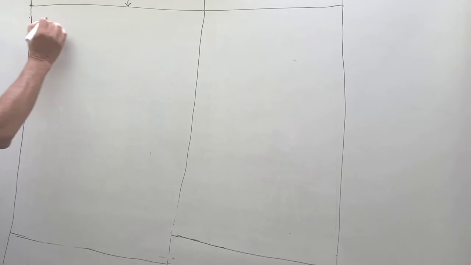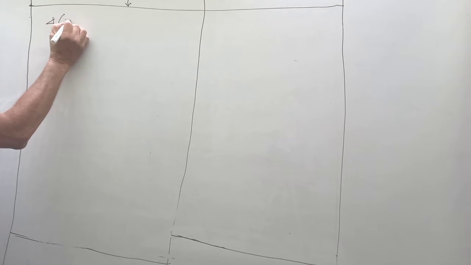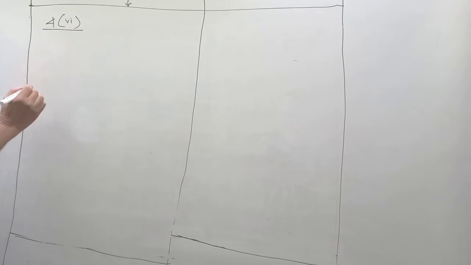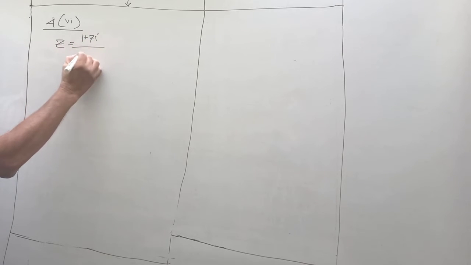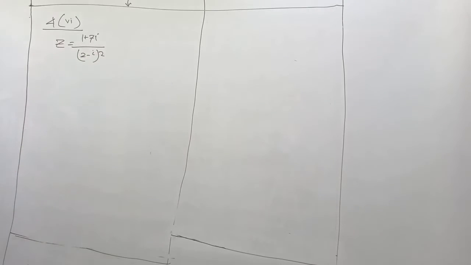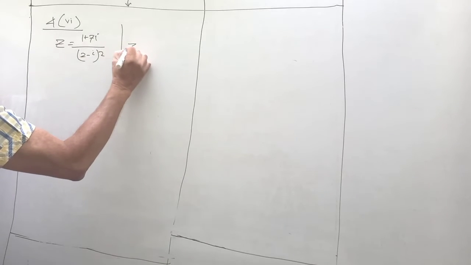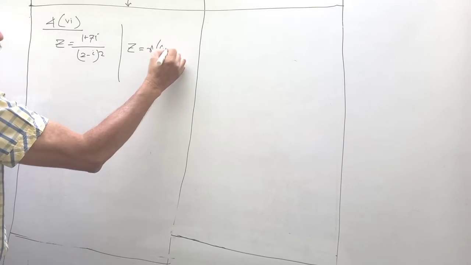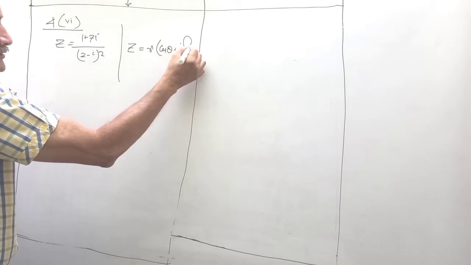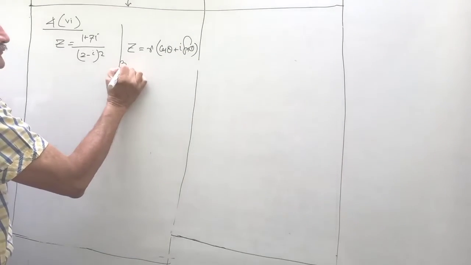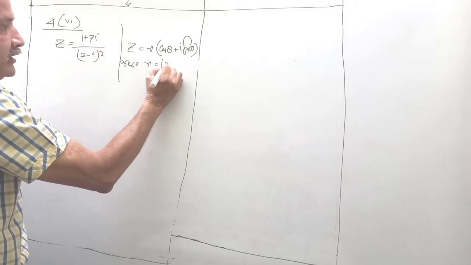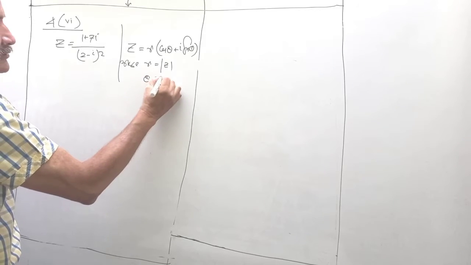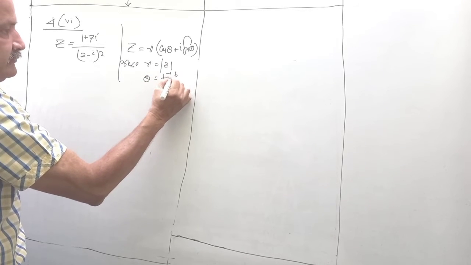Question number 4(6). Where z equal to (1 + 7i) divided by (2 − i) whole square. It will be of the form r(cos theta + i sin theta), where r equal to mod z, theta equal to tan inverse b by a.